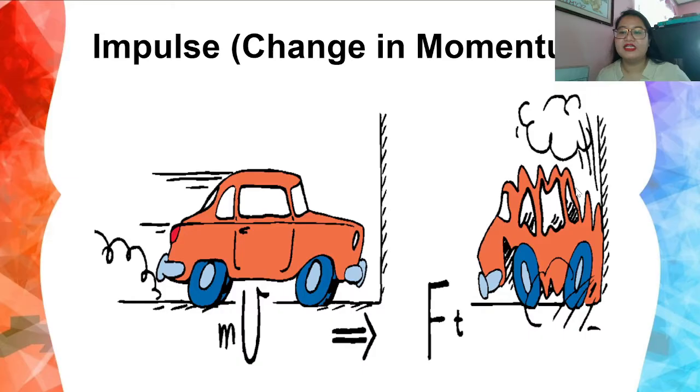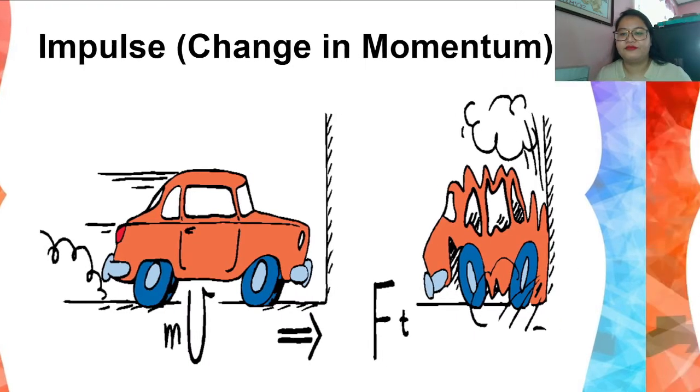Therefore, mas malaki yung magiging damage sa sasakyan, kasi mas malaki ang impact force na marereceive ng sasakyan. Kaya dito tayo nagkakaroon ng mga car accidents kung saan total wreck yung mga sasakyan, dahil sobrang bilis ng velocity nila, tapos sobrang ikli lang ng time simula nung habang nag-move sila at nung bigla silang bumangga. Kaya sobrang laki ng impact force, sobrang laki din yung nagiging damage sa mga sasakyan.